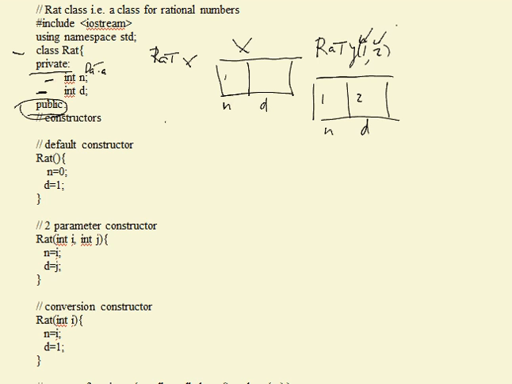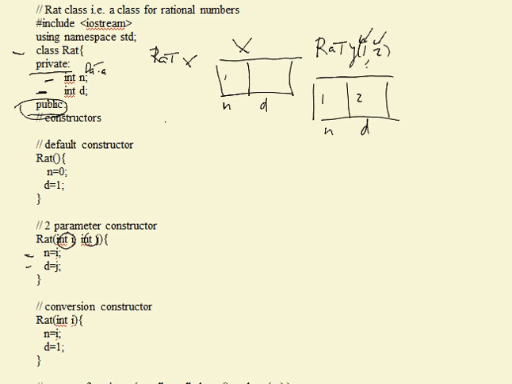If we look at this two-parameter constructor, it says, take the i and store it in n, and then take the j, which is the second parameter, and store it in d. So that's what's going to happen. Now, how is it that the constructors have access to the n and d? I thought they're private. The answer is they are private, but the constructors are member functions, and that's what it means to be a member function: they have access to the private parts of the class.